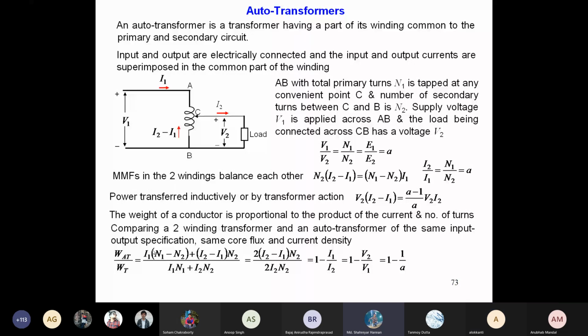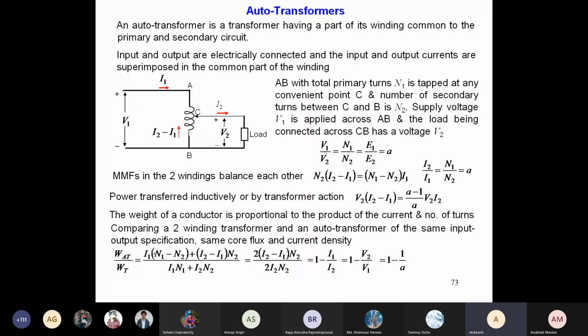Sir, how can you say that weight of conductor will be product of current and turns, number of turns? You find out weight is volume into density.